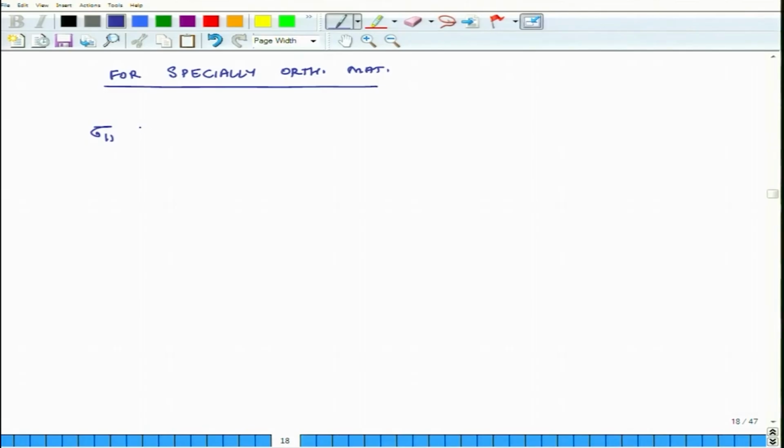So, sigma 11 is equal to C11 epsilon 11 plus C12 epsilon 22 plus C13 epsilon 33. C14, 15, 16 are not there because the material is especially orthotropic, it has only 9 constants.